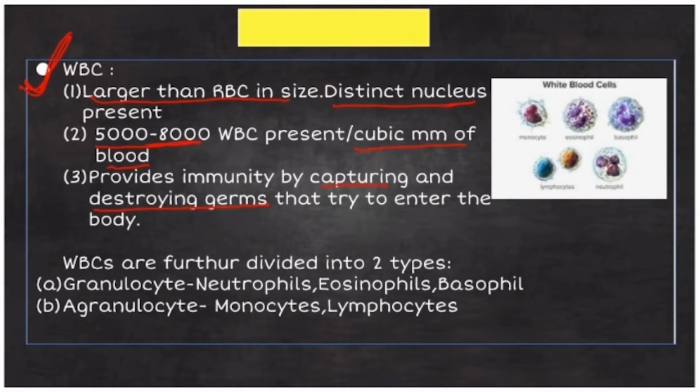The WBCs are further divided into two types: granulocytes and agranulocytes. Granulocytes are called so because of the presence of a granular cytoplasm, which is absent in agranulocytes. Granulocytes are of three types: neutrophils, eosinophils and basophils. And agranulocytes are of two types: monocytes and lymphocytes.